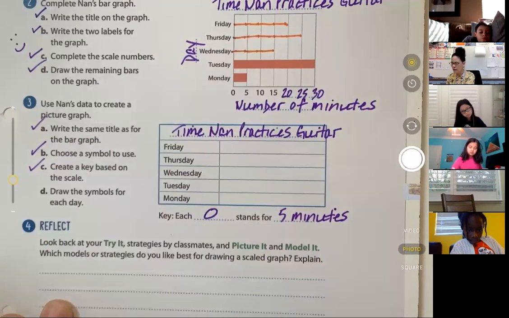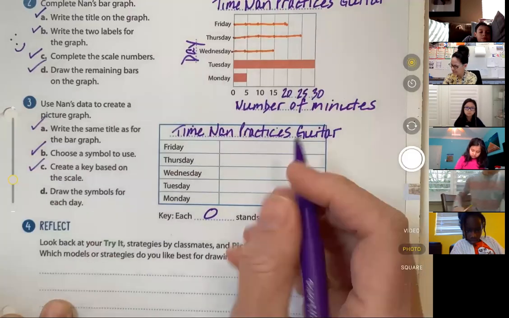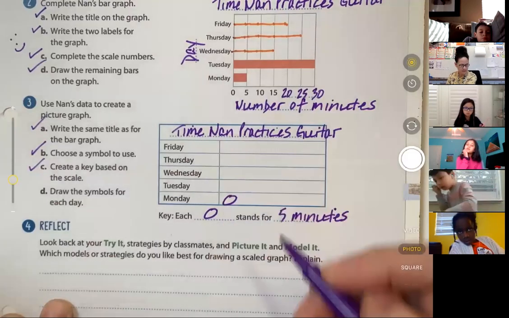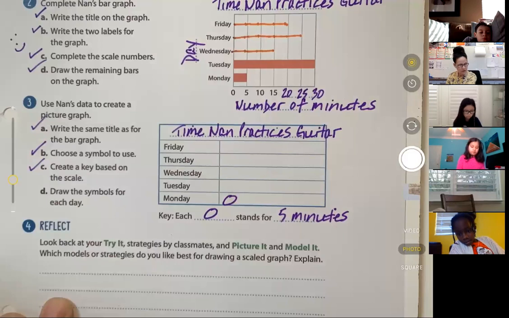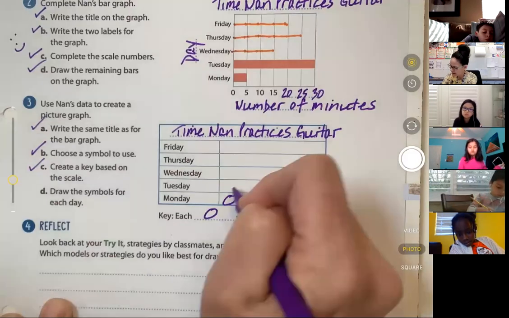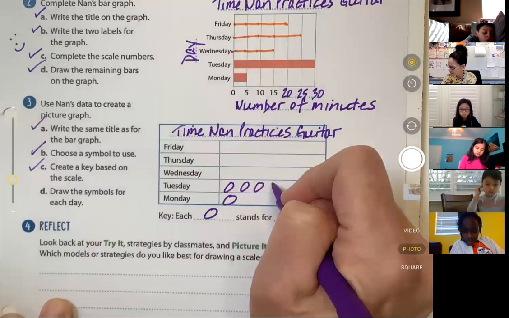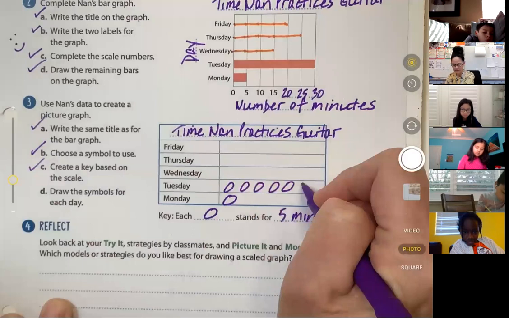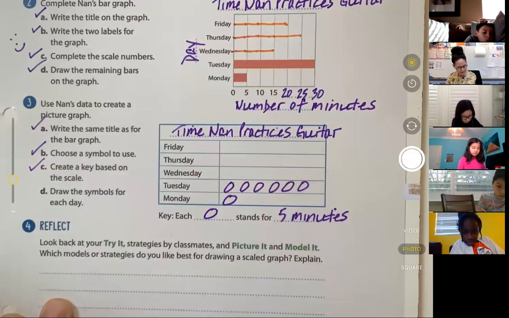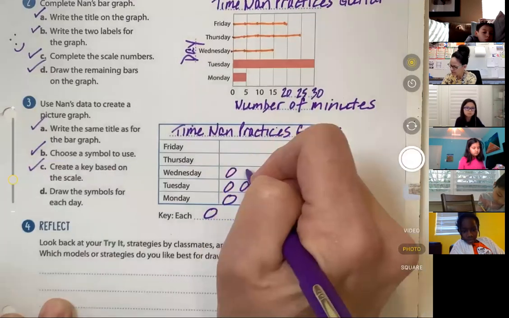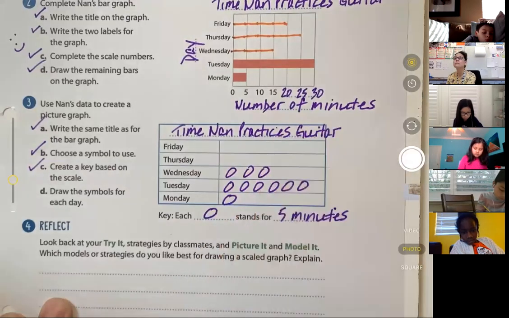Draw the symbols for each day. So again, starting with Monday, 5 minutes. Tuesday, 30 minutes. 5, 10, 15, 20, 25, 30. Wednesday was 15 minutes. 5, 10, 15.